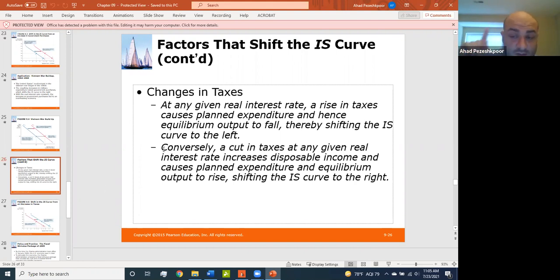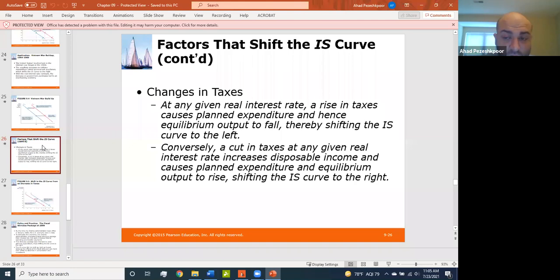Of course, this isn't saying that just lowering taxes all the time would help. Remember from your EC 202, if you lower taxes, this will happen. This is the good thing. But on the other hand, if the government doesn't cut its expenditures, what would happen?